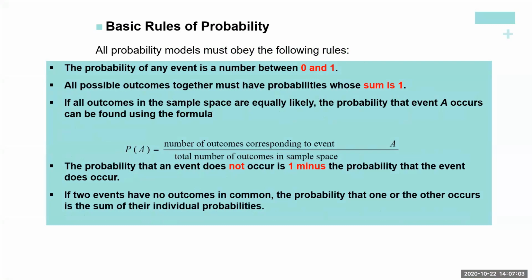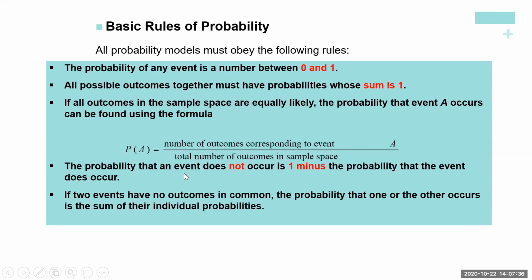So basic rules of probability. The probability of an event is a number anywhere between 0 and 1. The sum of all probabilities has to be equal to 1. And if all outcomes in the sample space are equally likely, the probability that event A occurs can be found using this formula: the number of outcomes corresponding to event A divided by the total outcomes in the sample space.